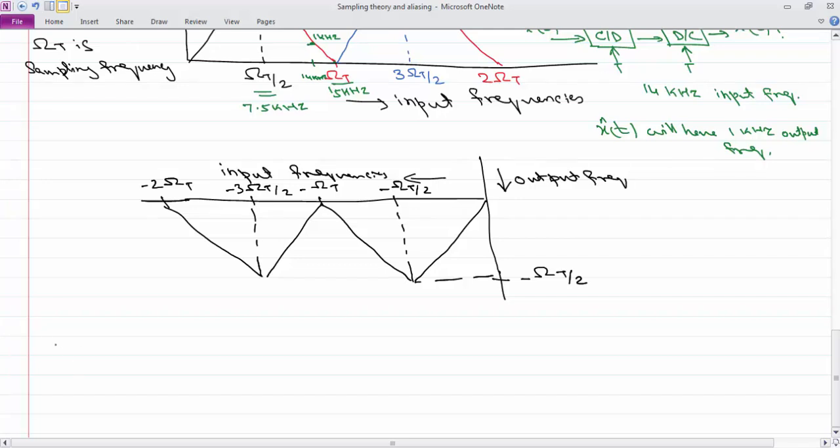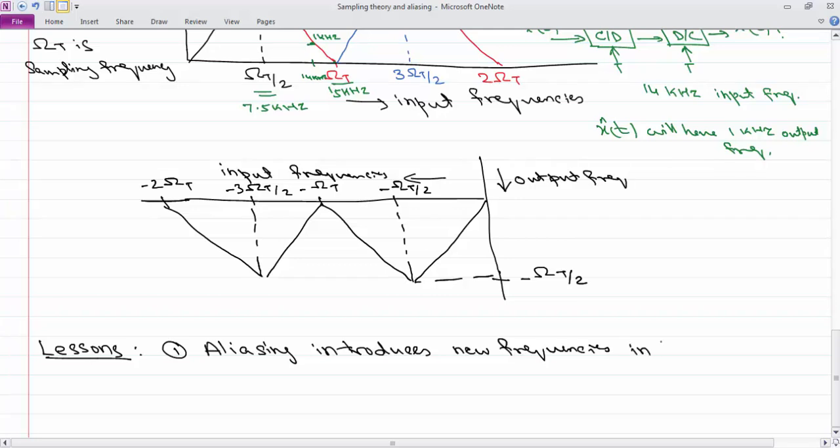So there are two main lessons that you want to take from the concept of aliasing. Number one is that aliasing introduces new frequencies in the signal that were never present there.